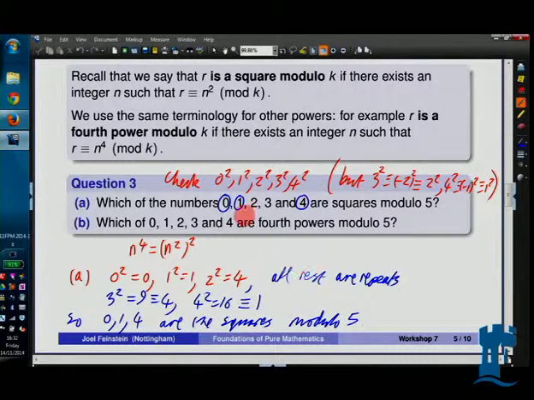Any questions about that? Do people know why it doesn't matter why? Suppose you were trying to do something like you were wondering about 997 squared. Why would that just be the same as one of these? Anyone tell me? Yeah? 995 squared is congruent to 0, so you still have the congruence of 2 squared.